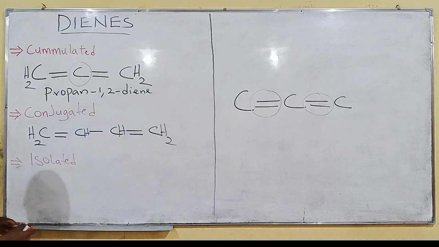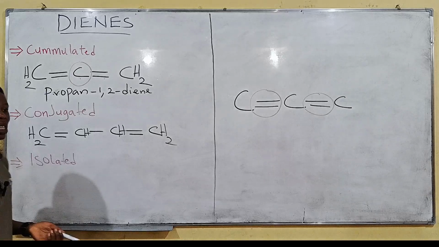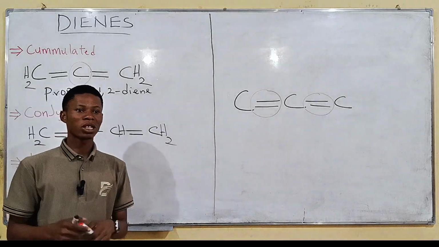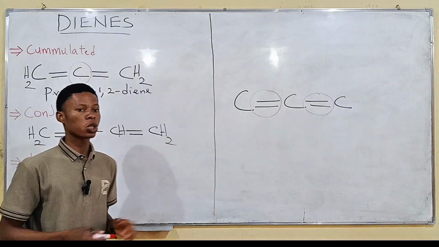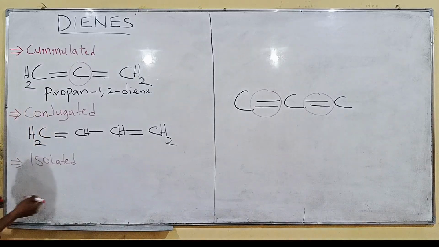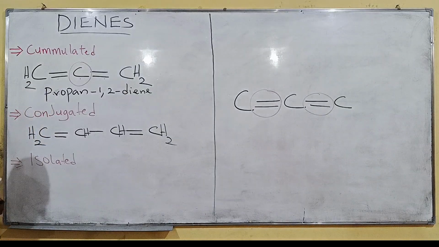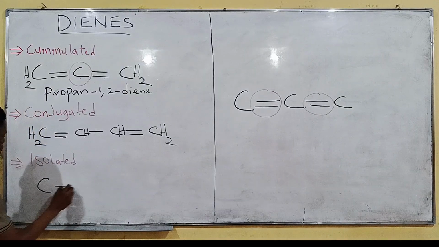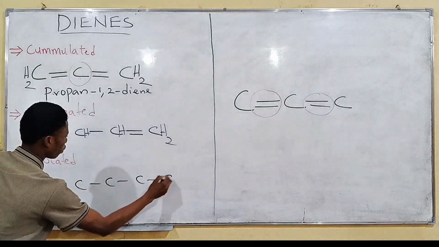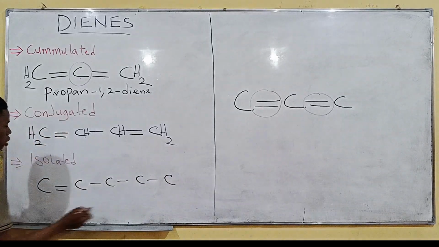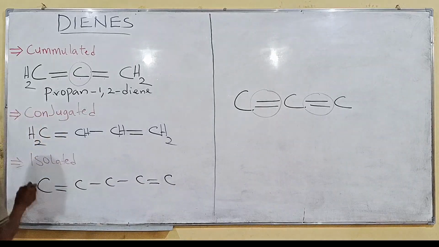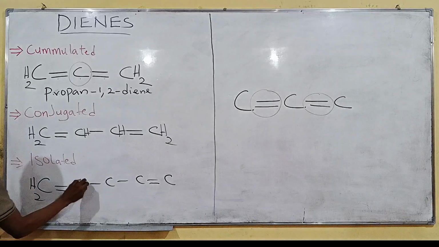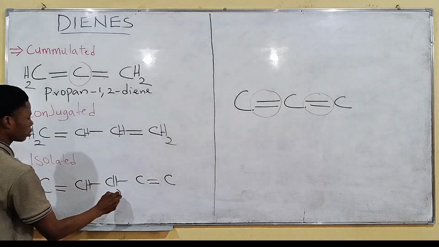All right. The next one is isolated diene. In isolated dienes, the double bonds are separated by 2 or more single bonds. What does that mean? If you have something like 1, 2, 3, 4, 5, a double bond is here, a double bond is here.